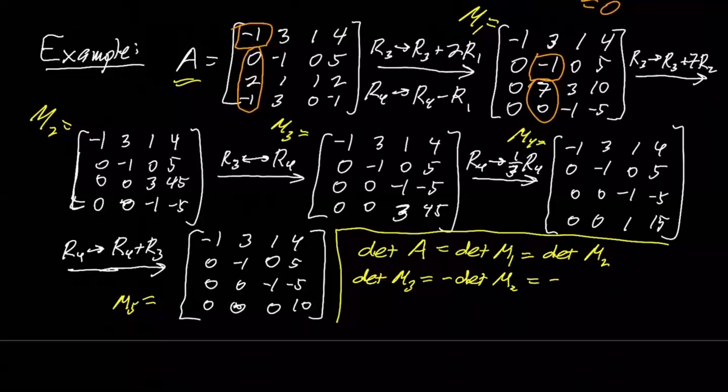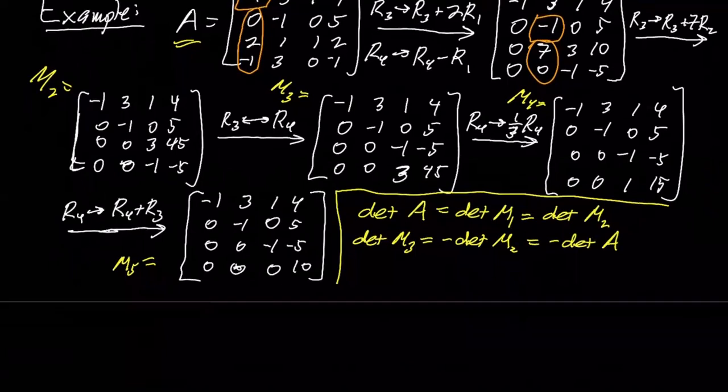And so that's negative the determinant of A. And the determinant of M4 is 1/3 the determinant of M3 because we multiplied by 1/3. So that's negative 1/3 the determinant of A if we just keep tracking this. Right? Just plug it in.